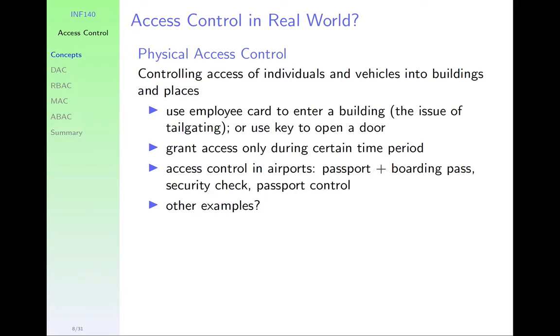And if you try to enter this building after working hours, then you need to use your student card. Together with the student card, you also need to provide your PIN code. Then you can enter this building. But your student card may only enter the date block, not the biological block. So that's another layer of access control.